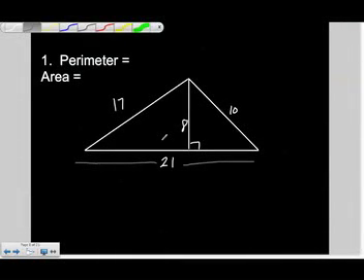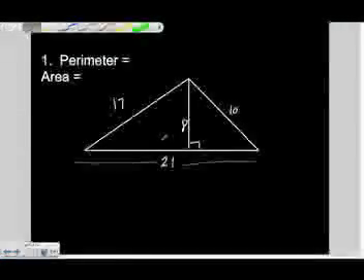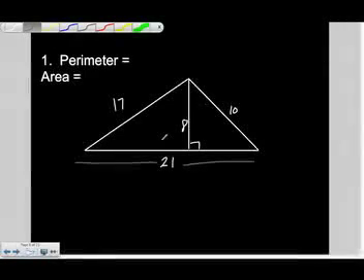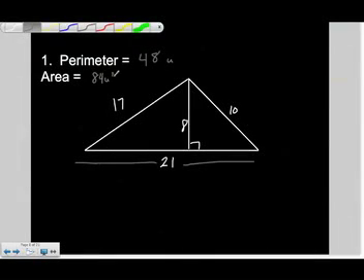In this particular case, I'm not really wanting to make a mistake in a video, so I'm going to check my work with a calculator. Notice 17 plus 10 plus 21 is 48. And 8 times 21 divided by 2 is 84. So the perimeter is 48. And we do not have a unit, so we just have to say units. And 84 units squared for the area.